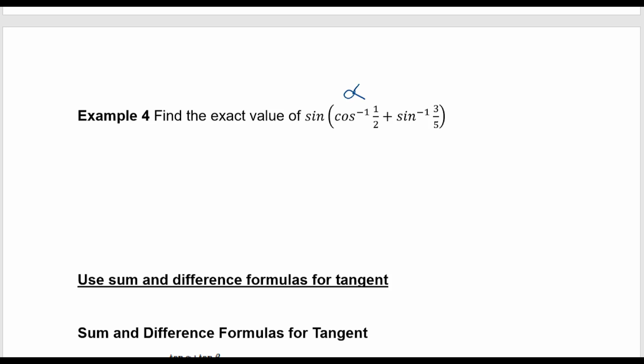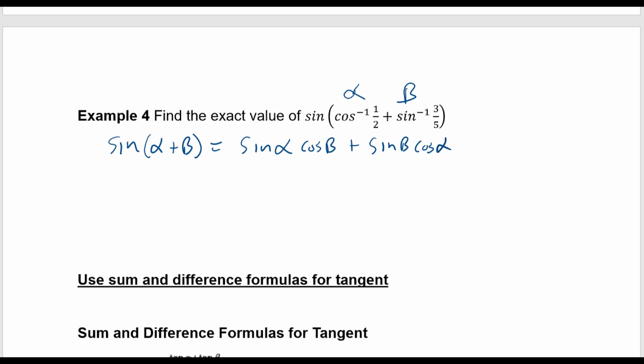I'll call this beta. So it's really looking like a sine of alpha plus beta. That's going to be sine of alpha cosine of beta plus sine of beta cosine of alpha.